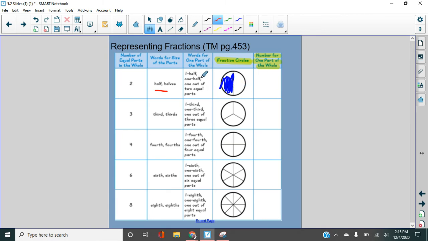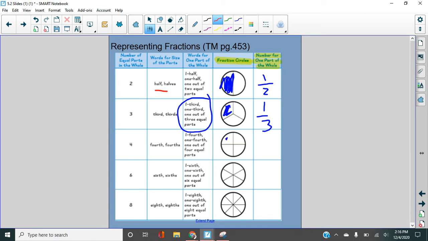We could write one half or 1 out of 2 equal parts. And we can also write the digits, 1/2. Let's look at the next one and do this piece. You can see that these are the ways we would say that: one third, 1 out of 3. And then the fraction would be 1/3.